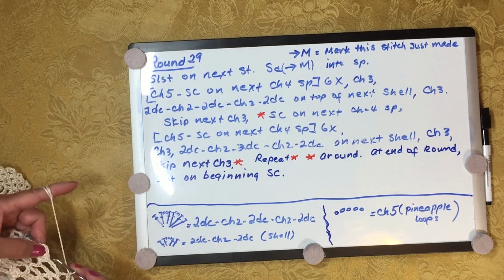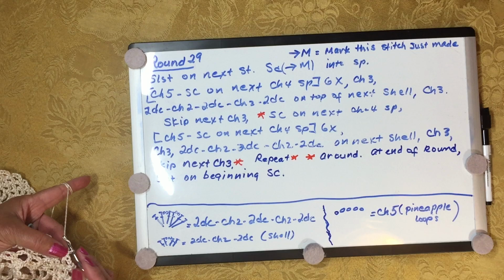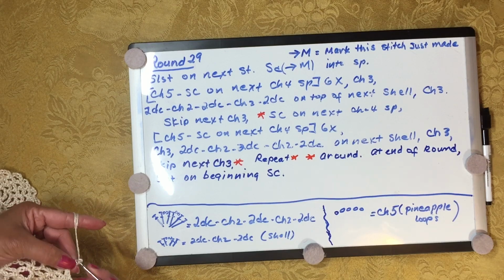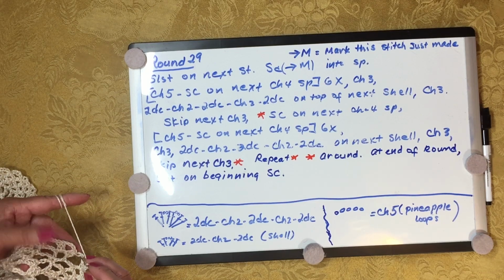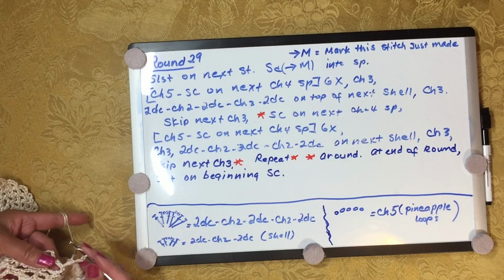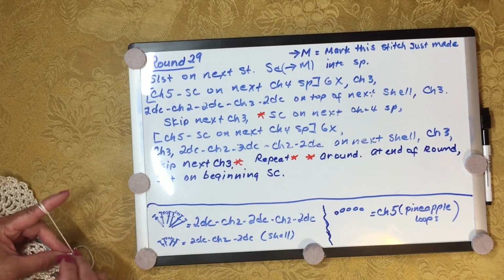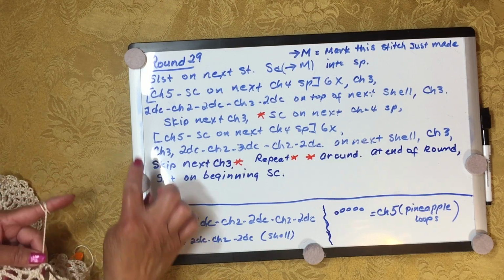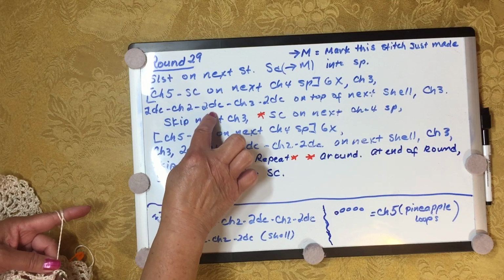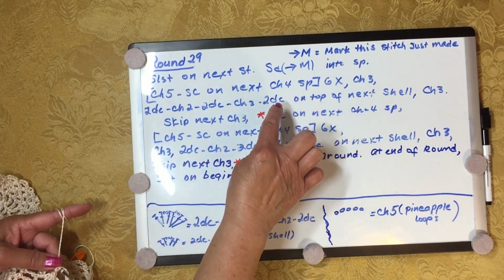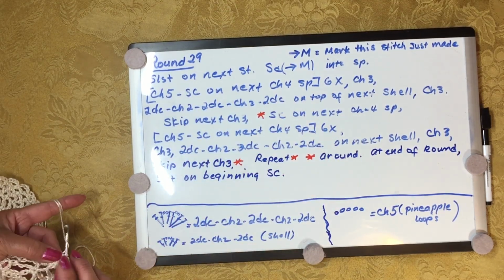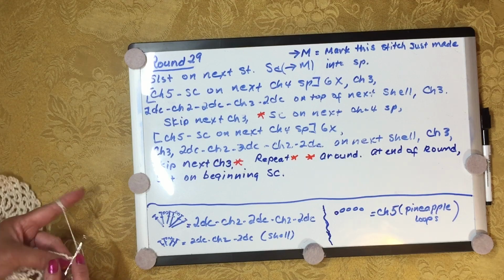Then chain 3, 1, 2, 3, skip next chain 3 and double crochet, 2 double crochet, chain 2, 2 double crochet, chain 2, and 2 double crochet on next shell.